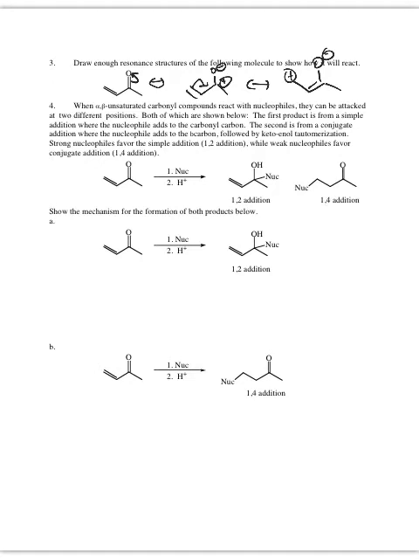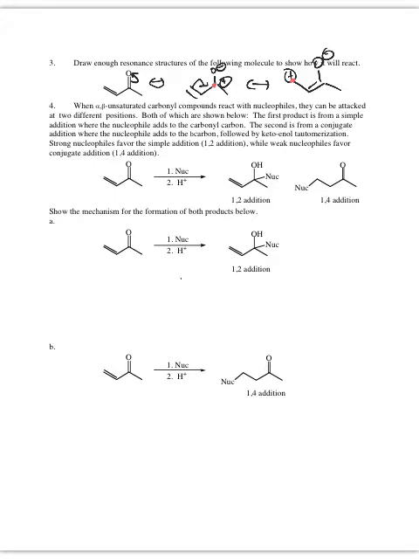So when we have an alpha beta unsaturated carbonyl, a nucleophile will either add to the carbonyl carbon or the beta carbon, because those are the 2 carbons that have a positive charge in resonance structures.